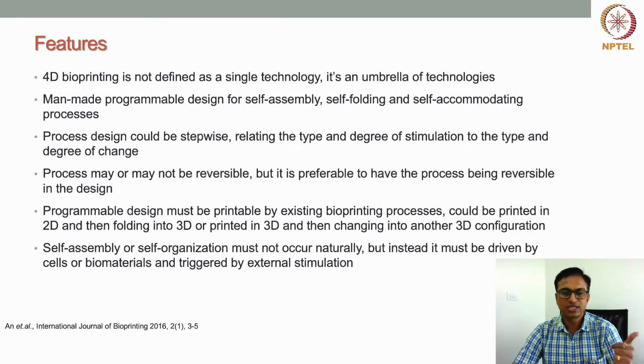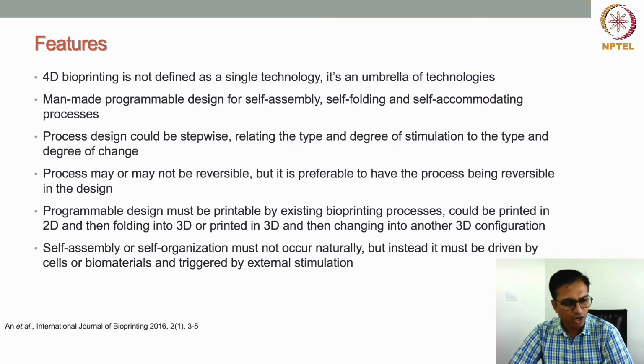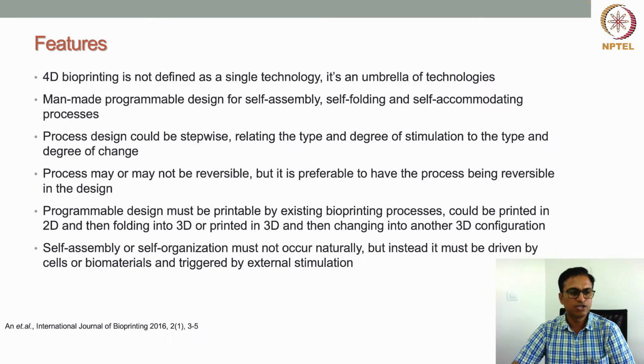Let us again recap this. 4D bioprinting is not a single technology. It's an umbrella of technology. All these different types of 3D printing technology can be considered for 4D bioprinting if there is a man-made programmable design that can happen, like self-assembly, self-folding, a self-accommodating process that can happen as post-printing change.